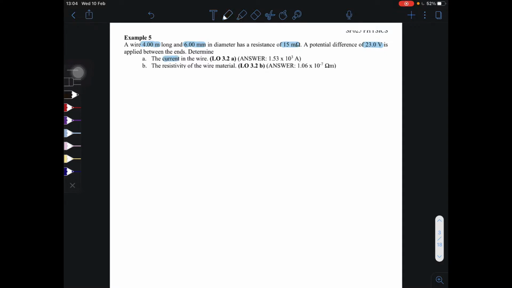Okay, so the information that we have: this wire has a length of 4 meter and the diameter is 6 millimeter. The resistance is 15 milliohm and the potential difference is 23 volt. We want to find the current.